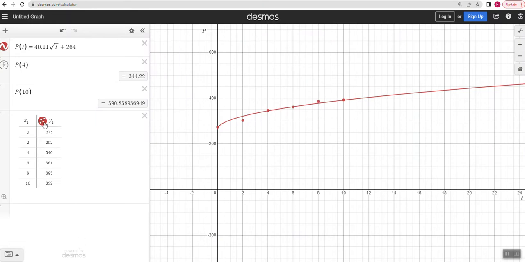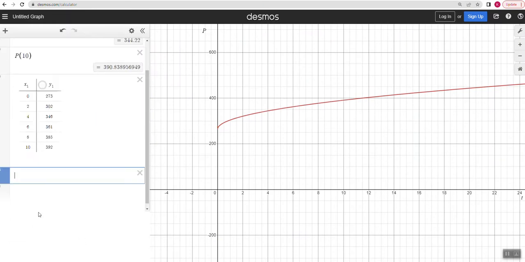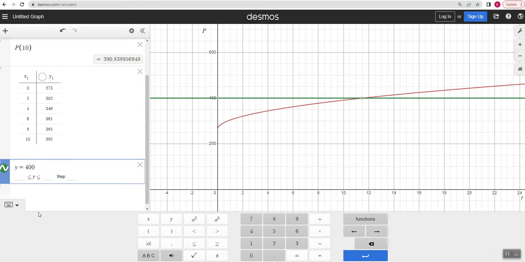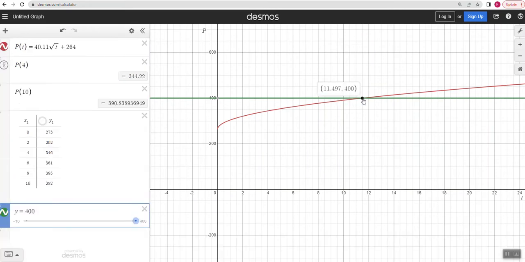I'm just going to turn them off. And I'm going to add the line y equals 400 to my graph. And that way I can quickly locate the point right there that gives me that output, or that price of $400,000. And the t value there is about 11.5.